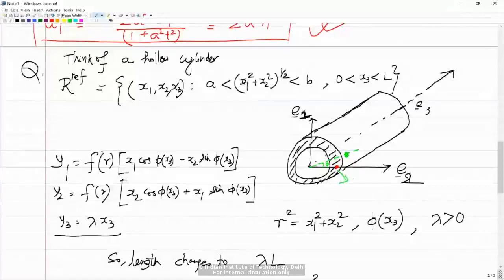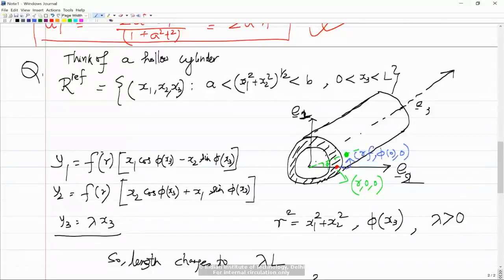So this point, originally small r, 0, 0 in this case, has moved here and changed to small r times f, phi of 0, 0, isn't it? So you see a point is moving radially as well as in the circumferential direction and also in the z direction.